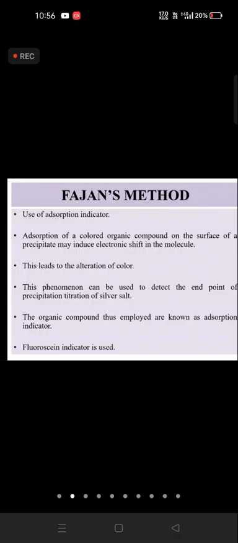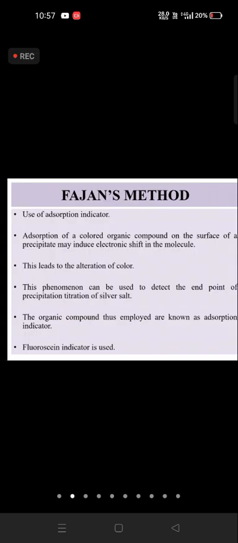The difference between potassium chromate and fluorescein is that potassium chromate went inside the solution and led to changes in the ionic concentration. But here the fluorescein indicator will remain on the surface of the solution and act from there. And being on the surface, it will lead to changes in the ionic concentration within the solution. That will lead to the change or alteration of color.